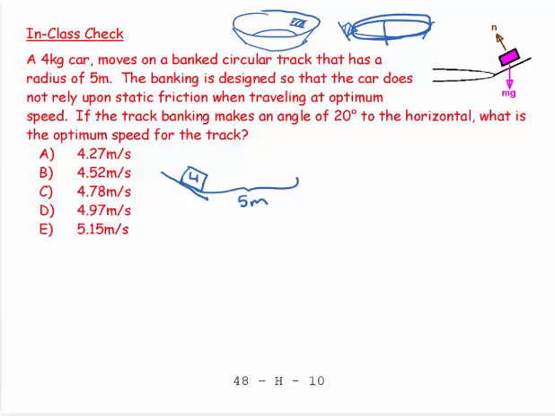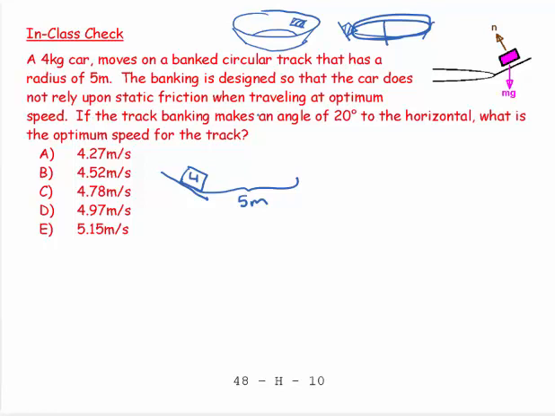It actually just goes around because of the banking. So those roads do not put strain on your tires because it's the component of the normal force which points to the center of the circle.